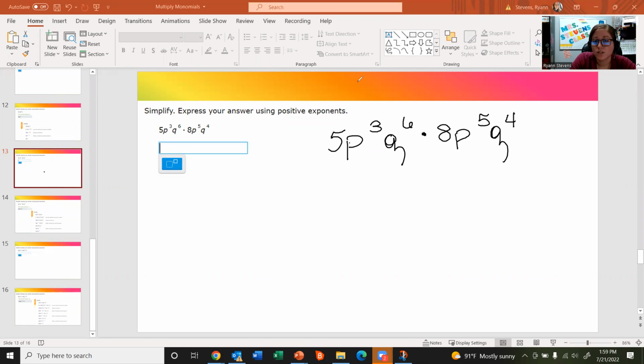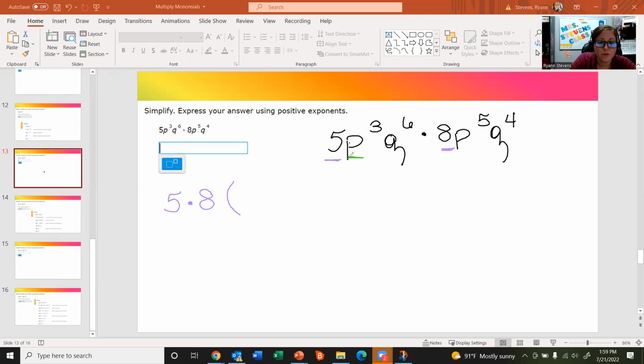We are going to group those coefficients. So 5 and 8, those are the only coefficients. Even though they're going with both of those variables, those are the coefficients that we're going to multiply together. 5 times 8. And then what we would do is we're actually going to group these by the variable.